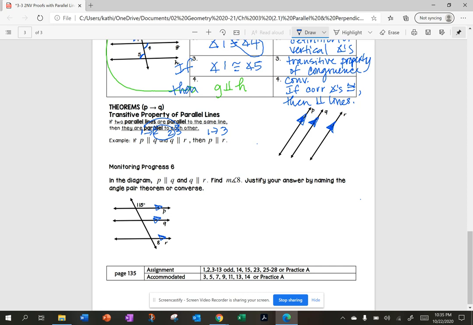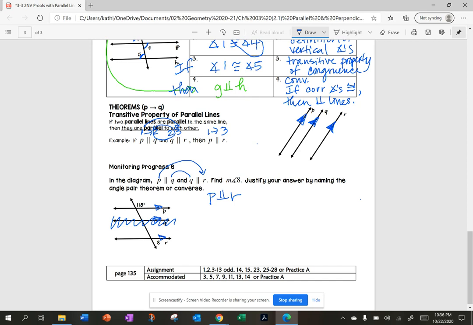So the conclusion I can say is that P is parallel to R. I'm not even looking at the Q line, I'm just looking at the lines P and R. This angle is 115, and it's related to this angle pair here.